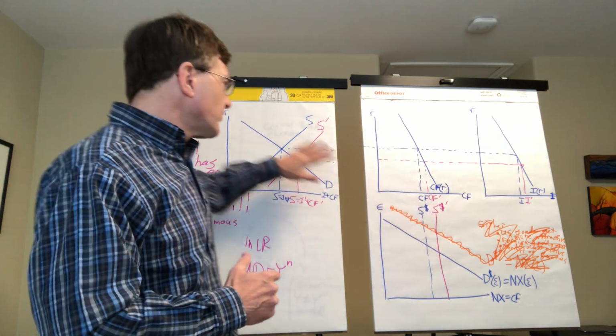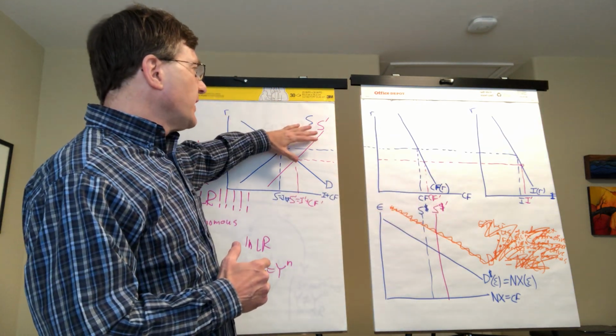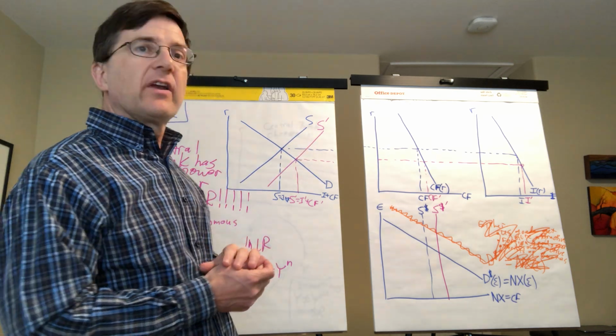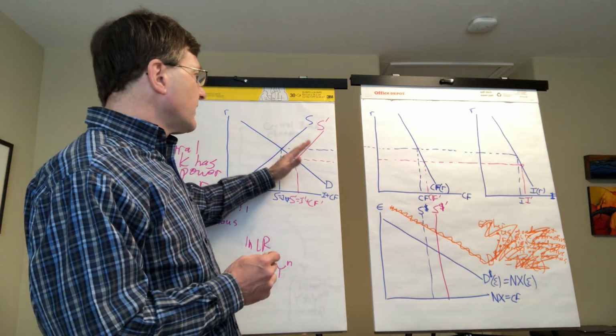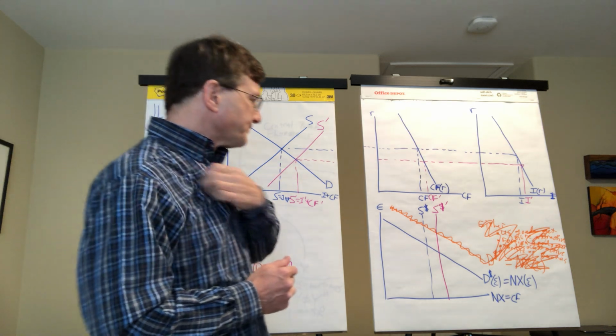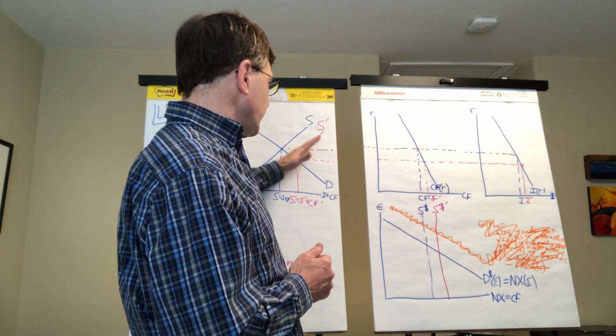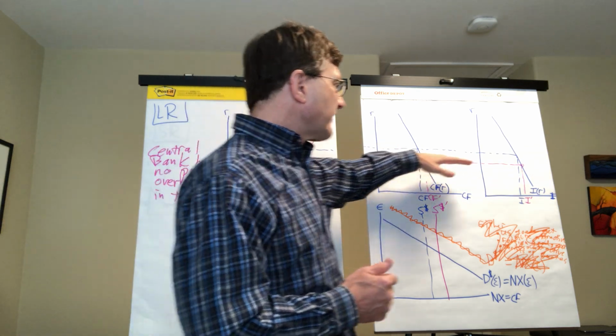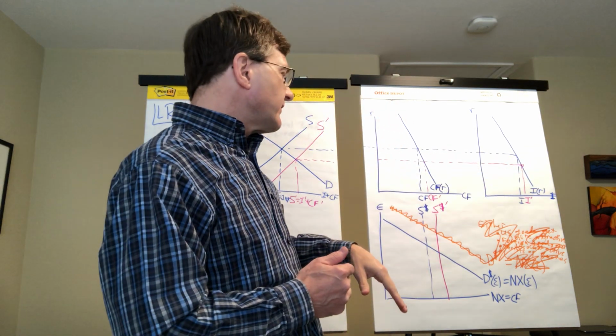Now ignore the orange, and we talked about the purple. We had a reduction in the interest rate because of an increase in saving, a shift in the saving curve, and so we had an increase in the quantity of capital flow, an increase in the quantity of investment.